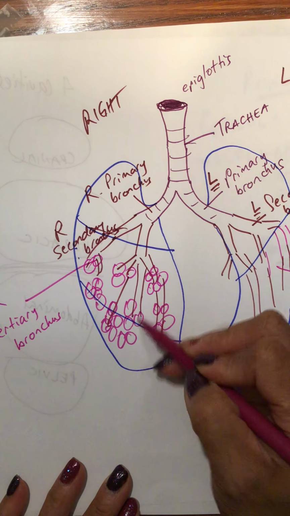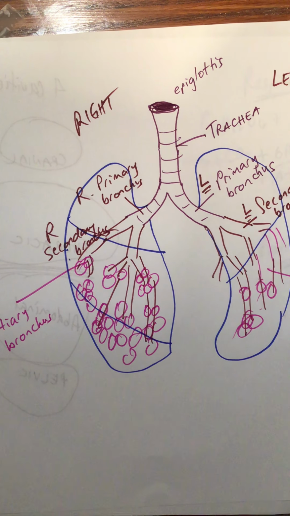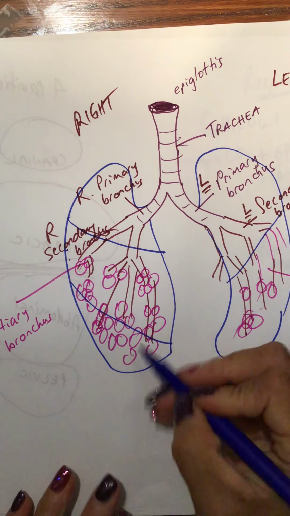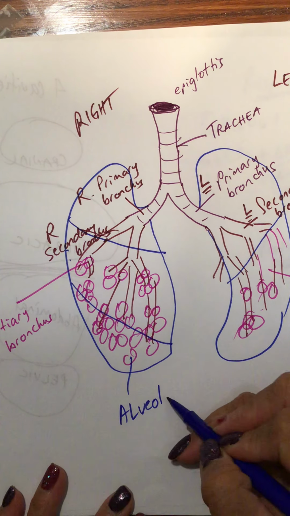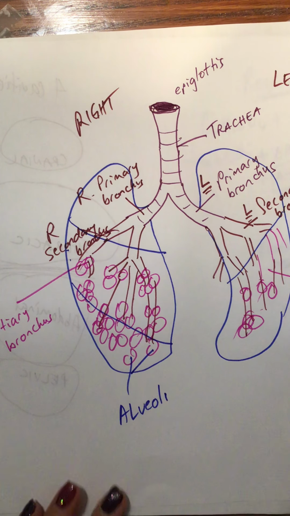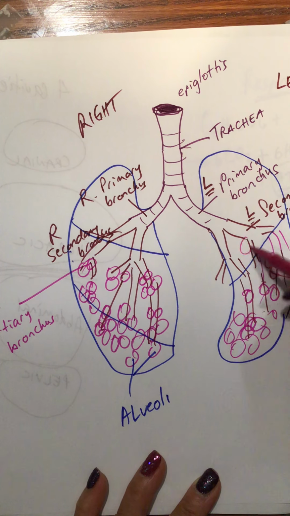They're like tiny balloons, and these are the air sacs. And let's label them. These are the alveoli. Alveolus for one, and these are the alveoli. And you've got lots of alveoli in your lungs. This is where the air goes. They're everywhere.